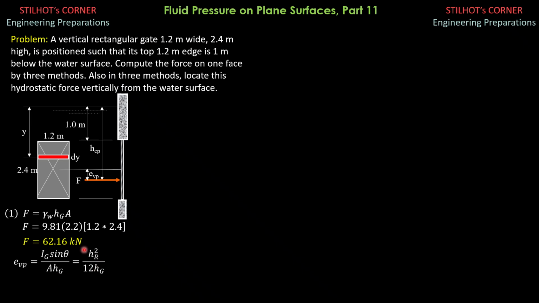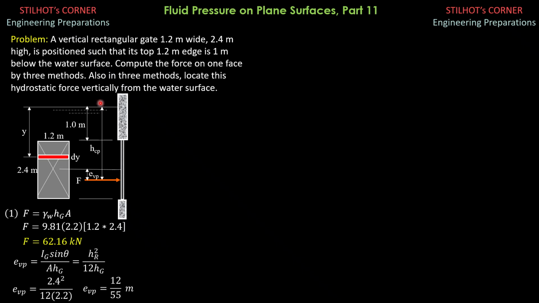So that's why it simplifies to this formula. You can also look at the derivation of this formula from the original playlist in fluid mechanics and hydraulics. So height of rectangle 2.4 squared divided by 12 times 2.2, and in fraction it is 12 over 55 meters.